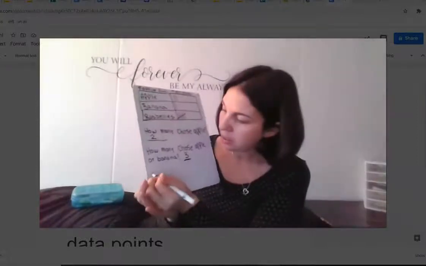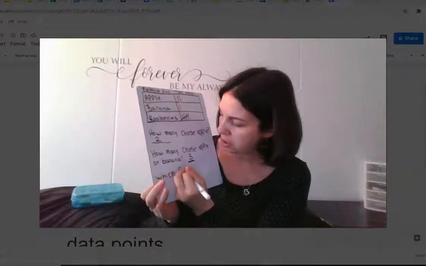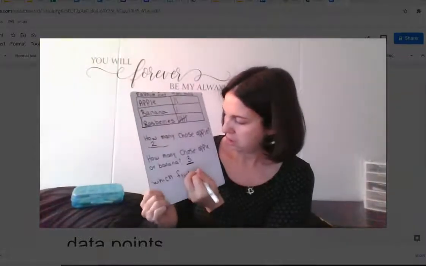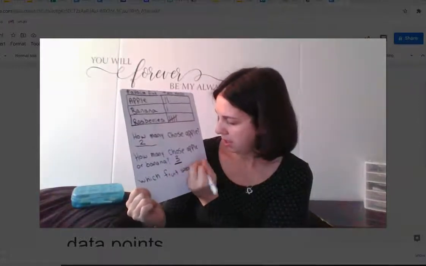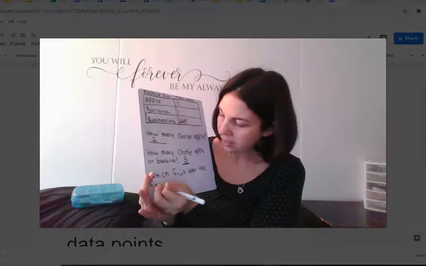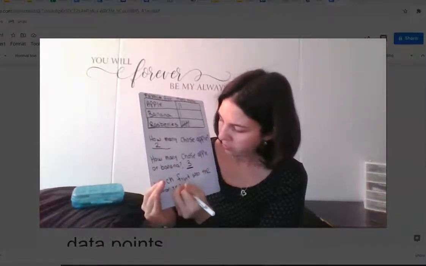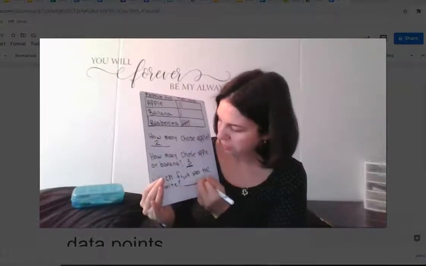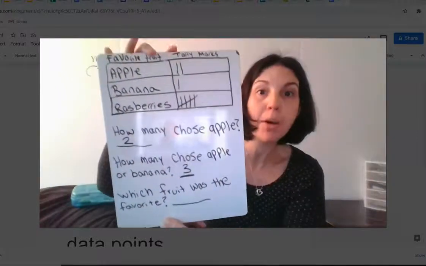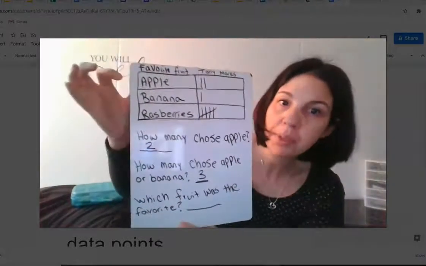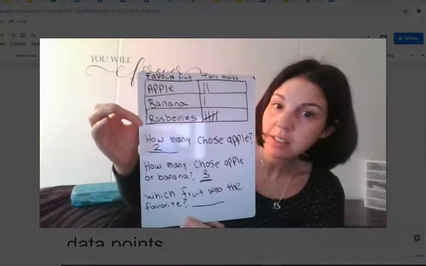Now look at this one. Which fruit was the favorite? So which fruit was the favorite with the most votes? Which one has the most? Apple, banana, or raspberries?